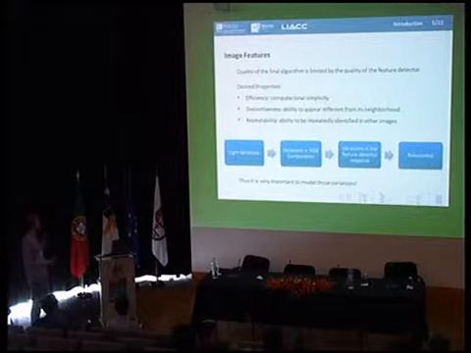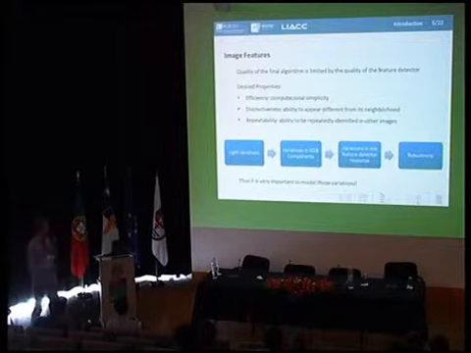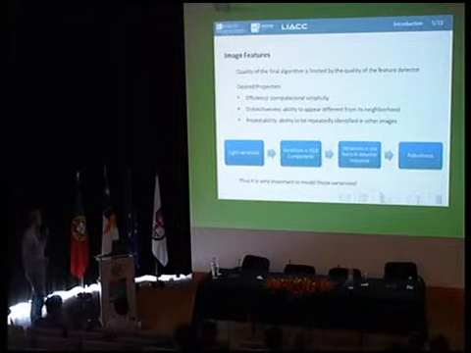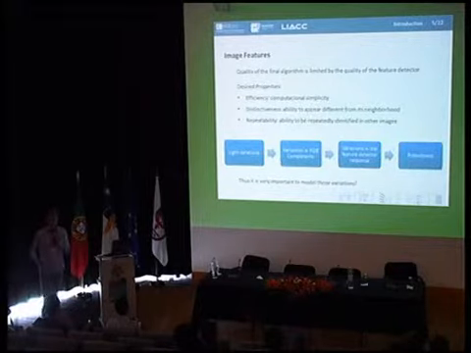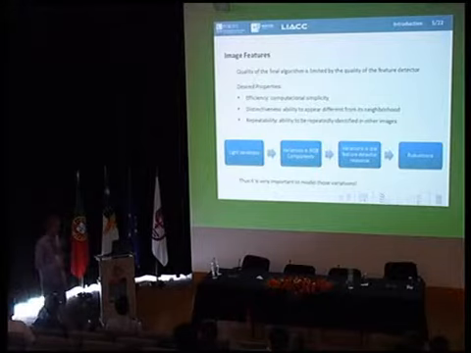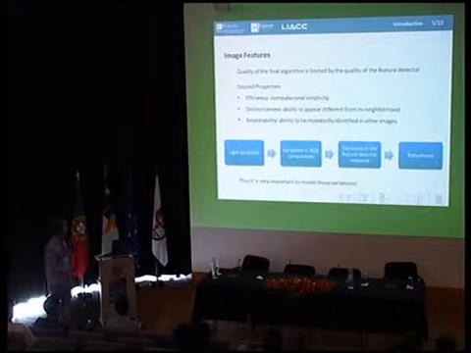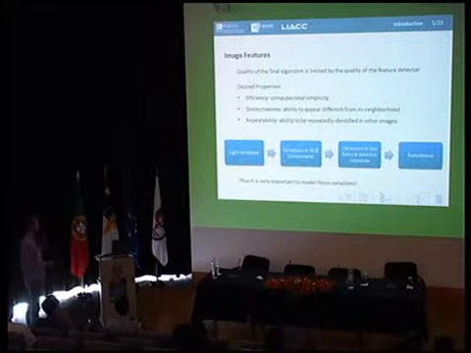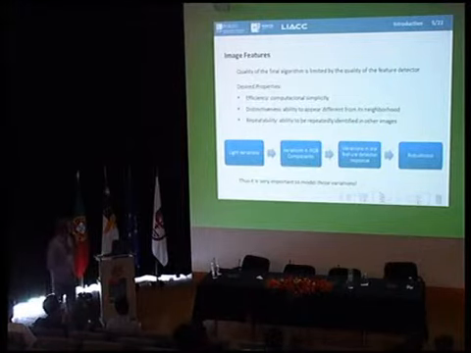Some desired properties of feature detectors include efficiency, distinctiveness, and repeatability. While efficiency is very related to the application domain, some applications can afford more time, but some applications cannot. The other two properties are very important for almost any application.